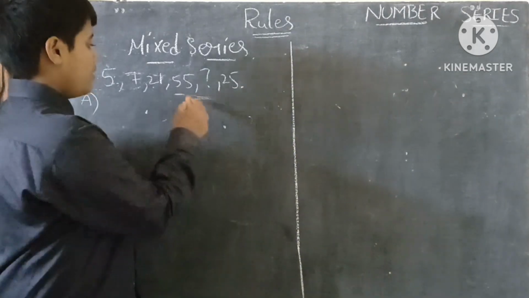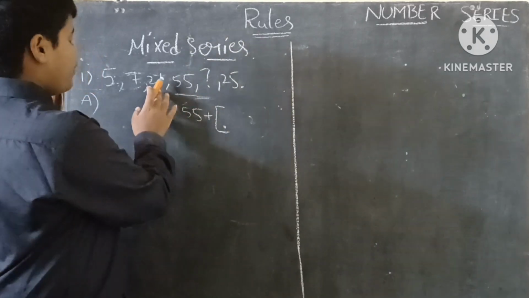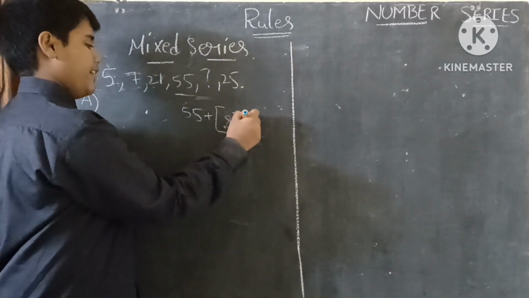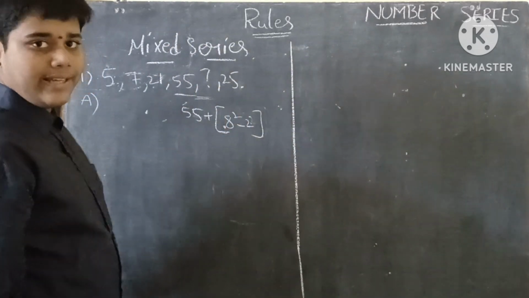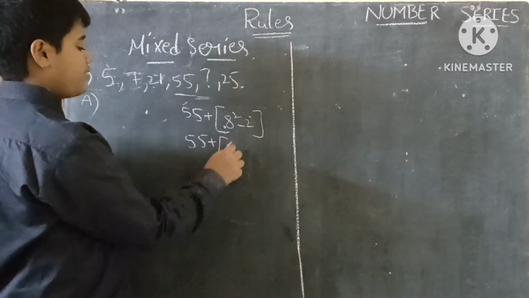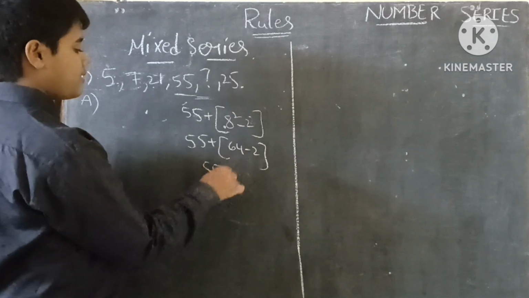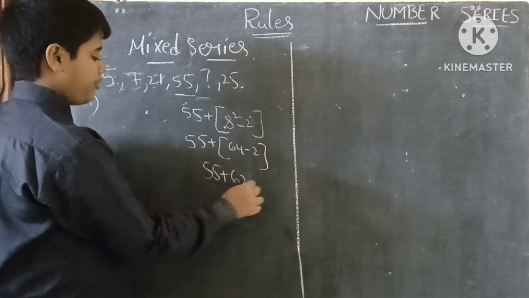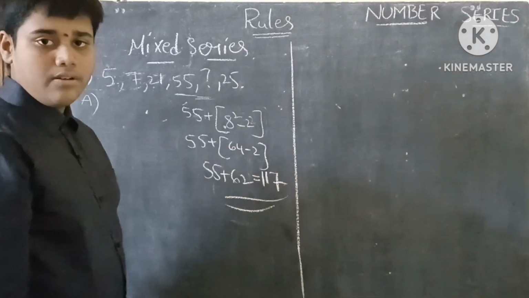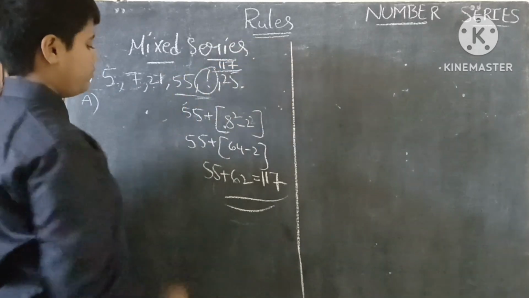Unknown number means we have to take 55 plus, here we have taken 6 square and now we have to take 8 square. So 55 plus 64 minus 2, that means 62. It becomes 117.